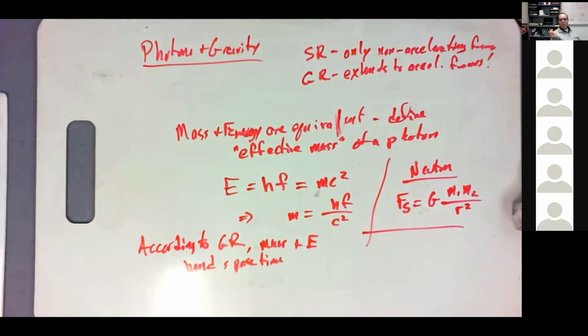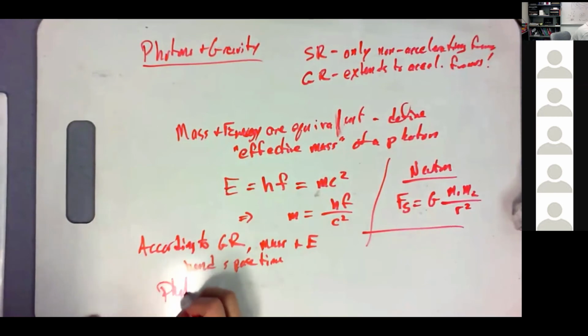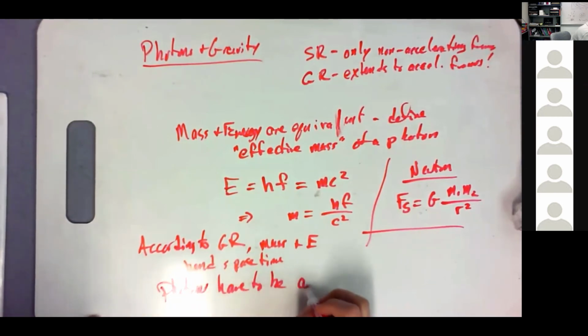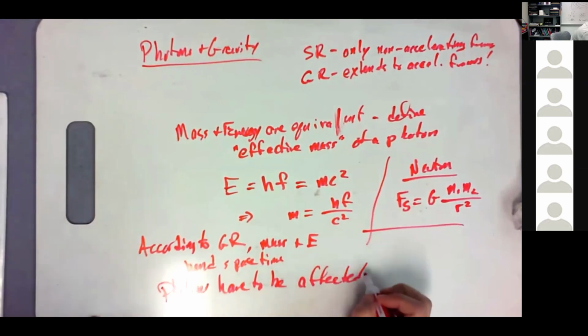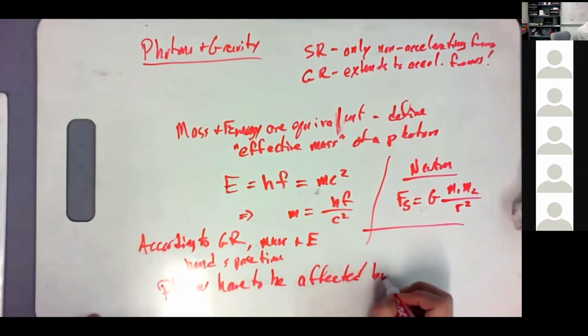And photons are no exception to this, right? Even though they have no mass, they certainly are traveling through a curved space-time, and they will be affected by that curved space-time. Photons have to be affected by this.